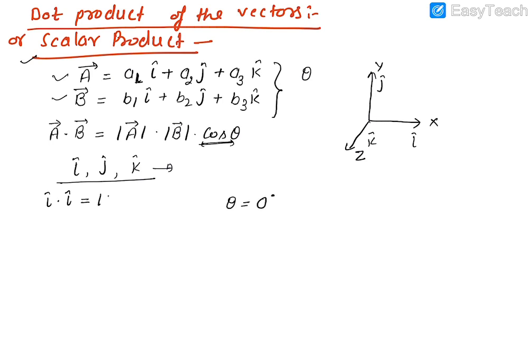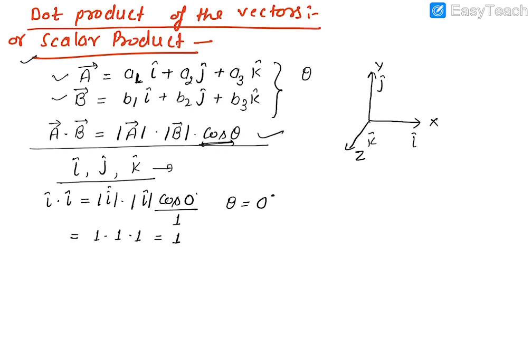So from this formula I can write mod i cap into mod i cap into cos of 0 degrees. The value of cos 0 degrees is 1, and since i cap is a unit vector, by definition mod i cap is equal to 1. So i dot i cap is equal to 1.